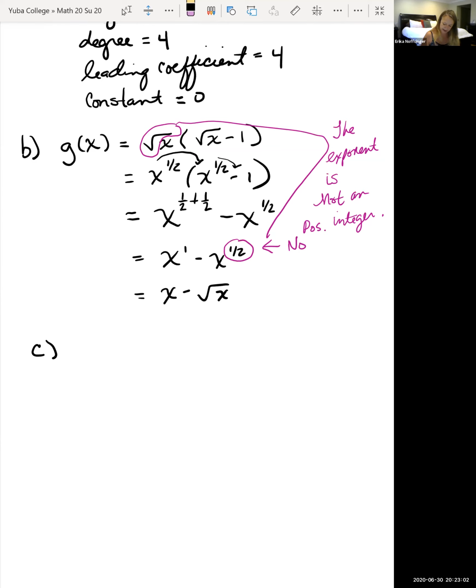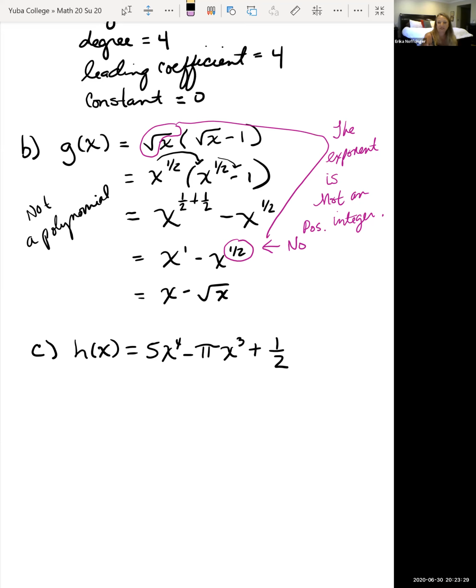So what about h of x is equal to 5x to the 4th minus pi x cubed plus 1/2. And this one, a polynomial? What do you guys think on that one?